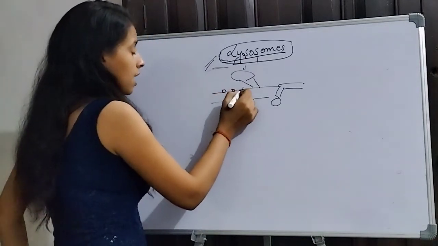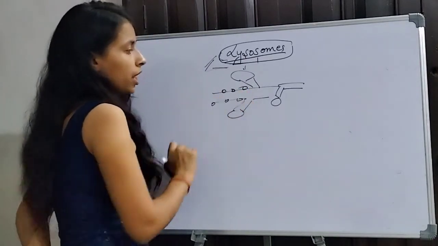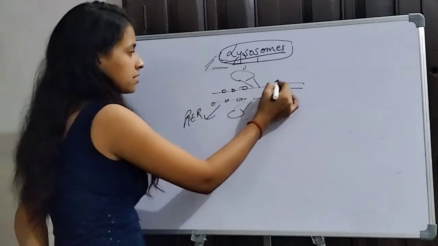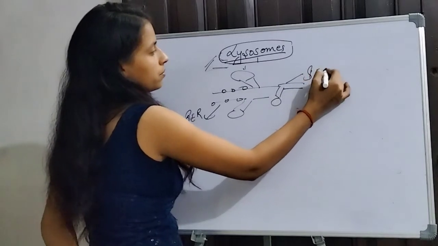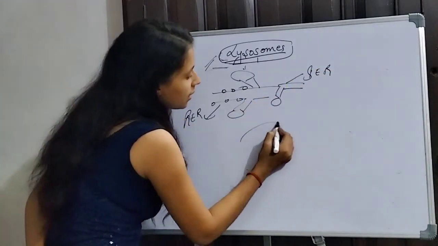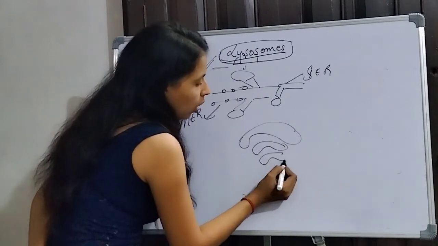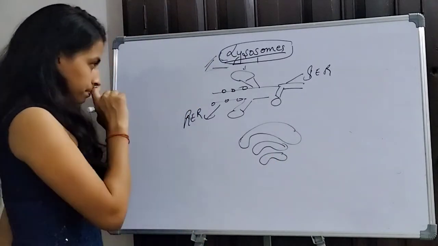For example, this is an endoplasmic reticulum. Here there is a rough endoplasmic reticulum and a smooth endoplasmic reticulum. This is the rough endoplasmic reticulum and this is the smooth endoplasmic reticulum. And here is the Golgi apparatus.